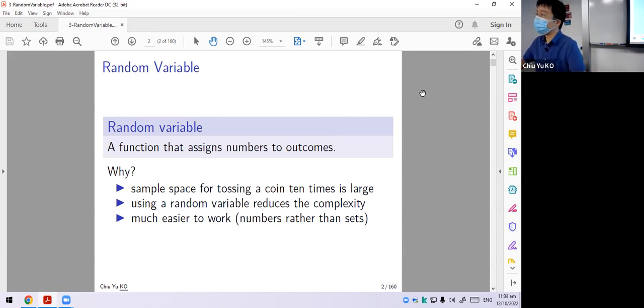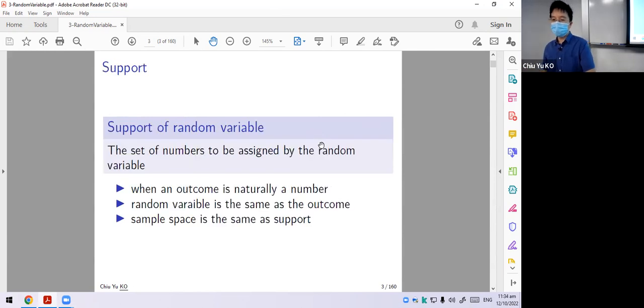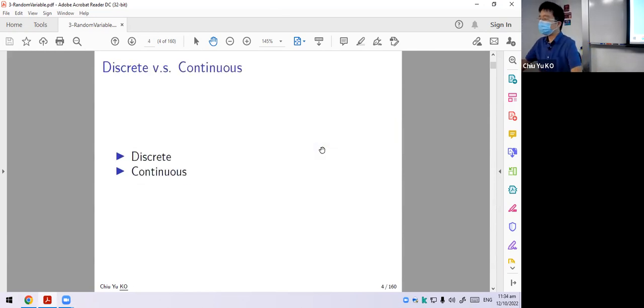Probably you would remember that. And you should also remember, depending on what kind of number you can put in, we distinguish what we call the discrete or a continuous random variable. If you put natural numbers, that will be a discrete version. If you put decimal numbers or real numbers, that becomes a continuous.